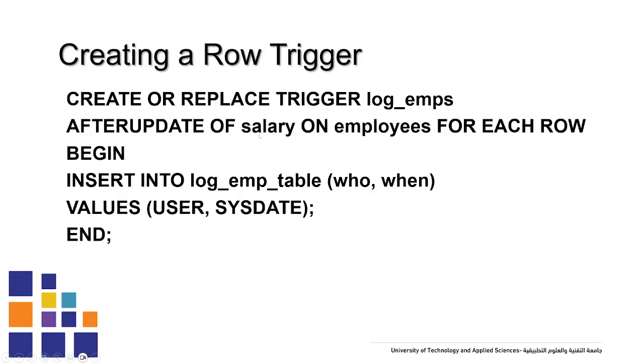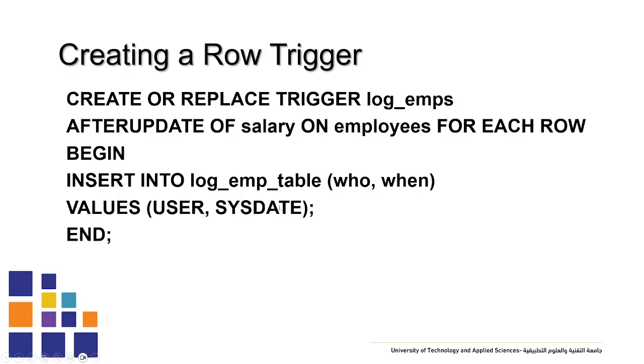And the trigger inserts a record in the log emp table. The username will be stored there for the person who made that update, and the sysdate will also be stored as a timestamp of when the update occurred.